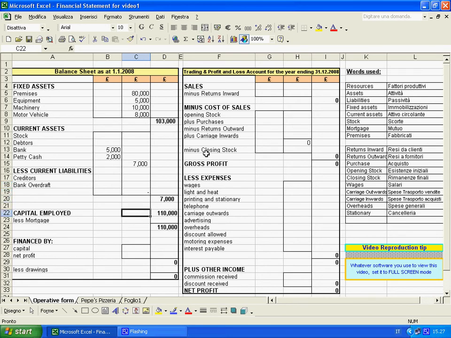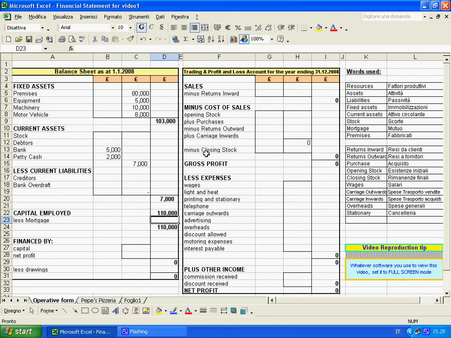So at the moment we can say that the capital employed so far is £110,000. How can we finance all this amount of money? We must ask the bank for a mortgage.